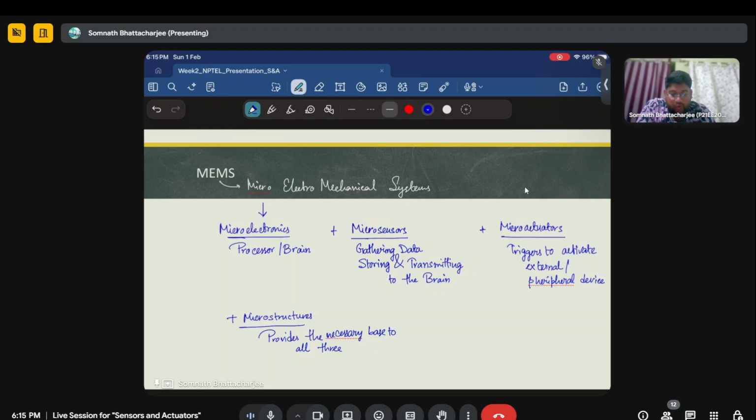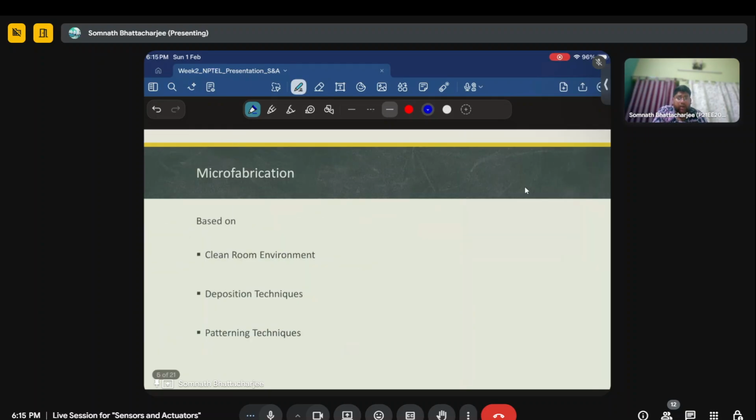Now we'll move on to the next part, that is microfabrication. We need to spend more time in that domain. What is microfabrication? It is completely fabrication, right? You are trying to realize an idea through an electronic device. It can be a sensor, it can be transistors.